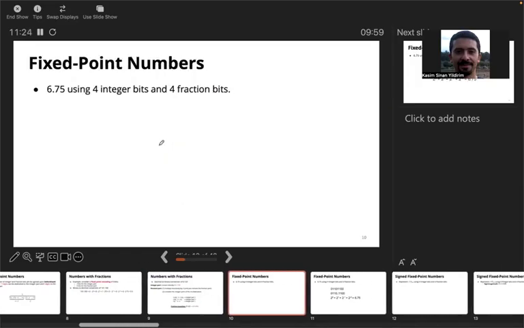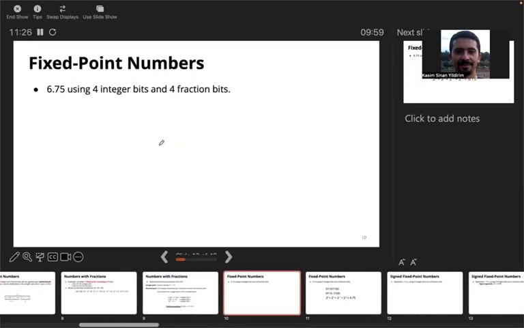Now, let's do the same for 6.75. And let's say now we are using 4 integer bits and 4 fraction bits. So we have 4 bits for the integer and 4 bits for the fractional part. Okay, so my question is, the integer part, 6.